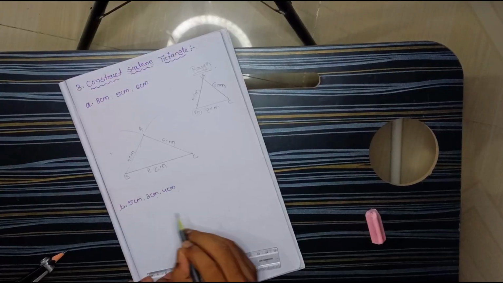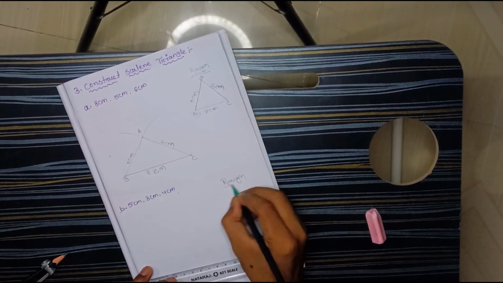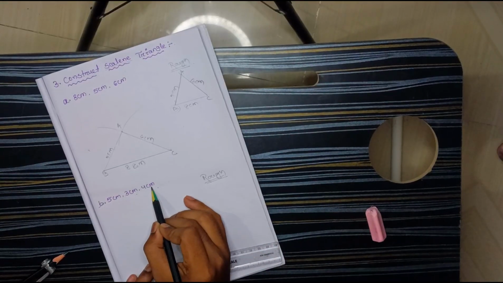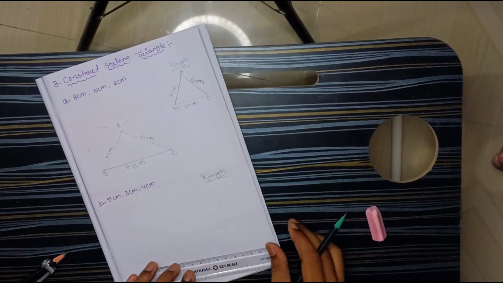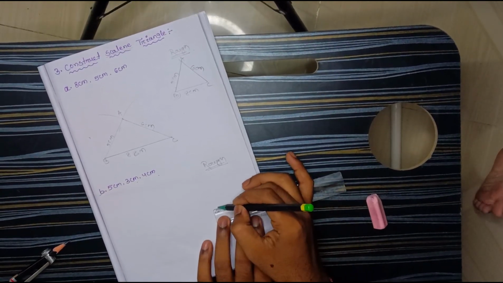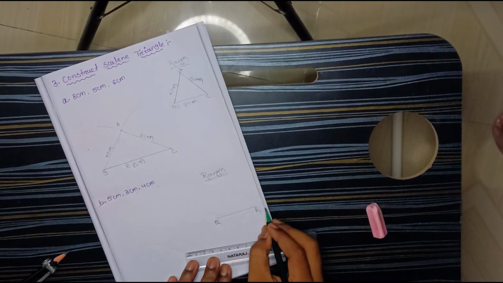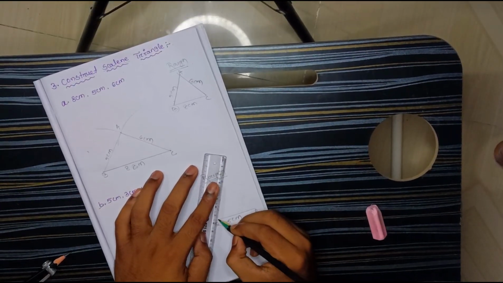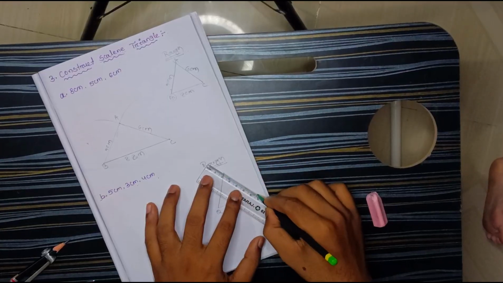Now coming to the B number, first we have to make the rough. We have to make the rough note only. So here is 5 centimeter, 3 centimeter, 4 centimeter. Here, exactly as I made it before, the greatest measurement I am taking first. So see what happens, this one is QR, suppose the name of this is QR and this one is 5 centimeter, then I have to take this one and also this one.